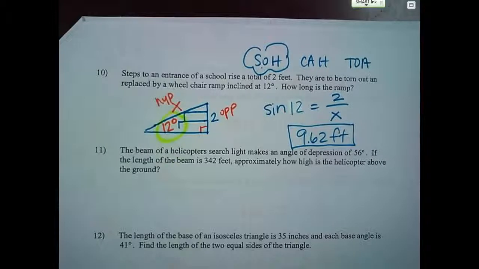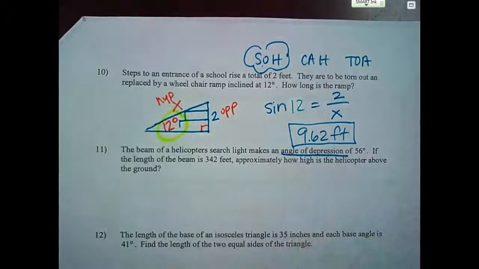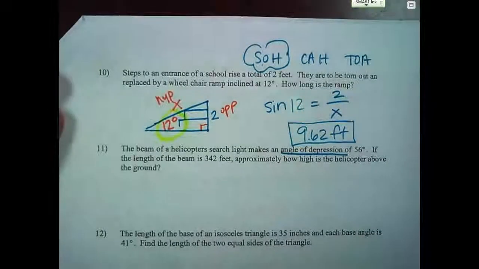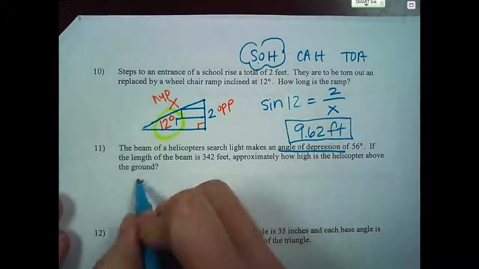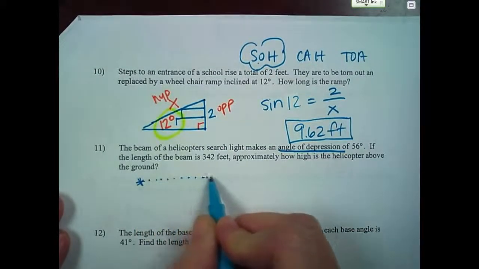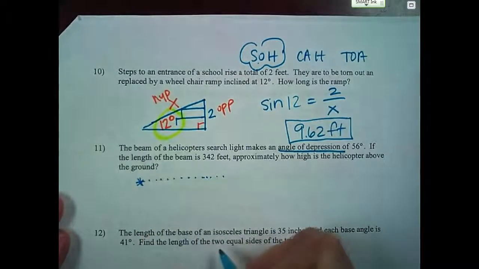Right, now, 11. 11 is another angle of depression. So I'm going to pause it and see if you can build your angle of depression again this time by yourself. If you're going to make an angle of depression, the helicopter is obviously up in the air. His line of sight would normally be this way, but he's looking down at something.